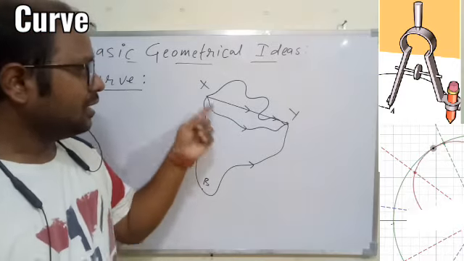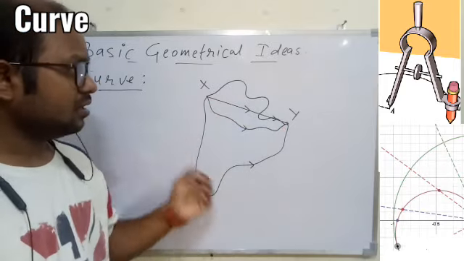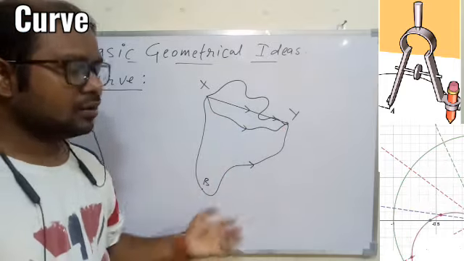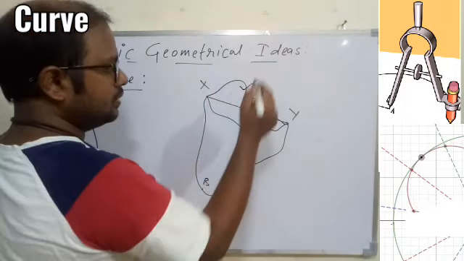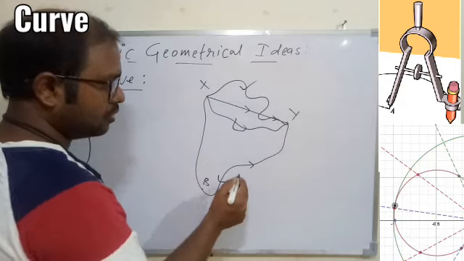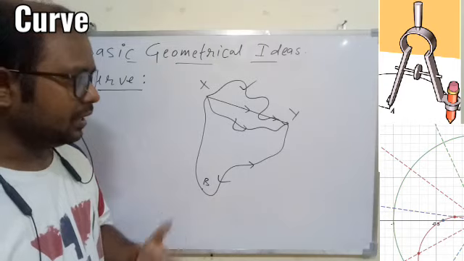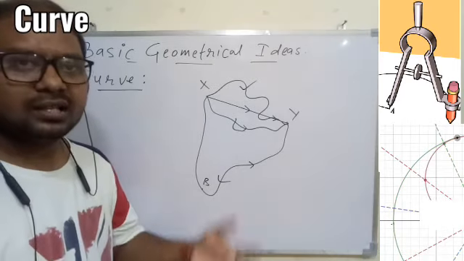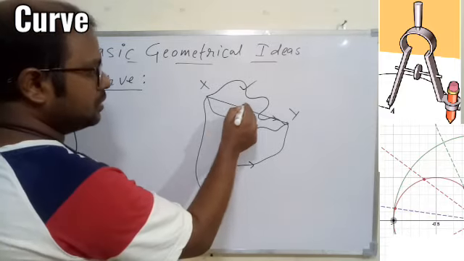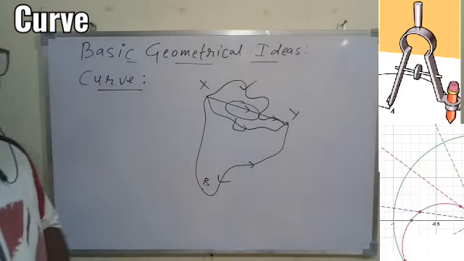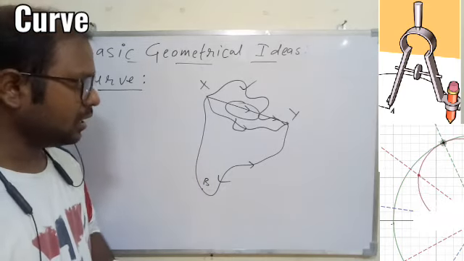Other than this straight line xy, whatever you see on this diagram is nothing but a curve. So we can say we got the first curve here, the second curve here, the third curve here. So a curve is nothing but a line other than a straight line or line segment. This line from x to y is a straight line and a line segment as well, because it has two endpoints x and y.